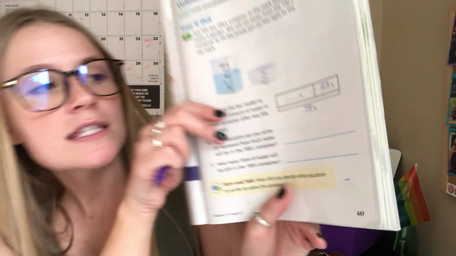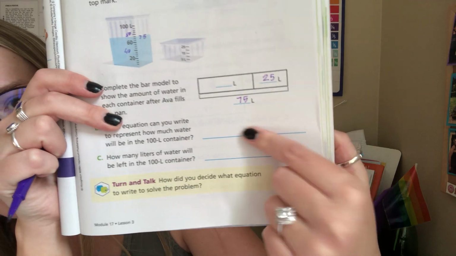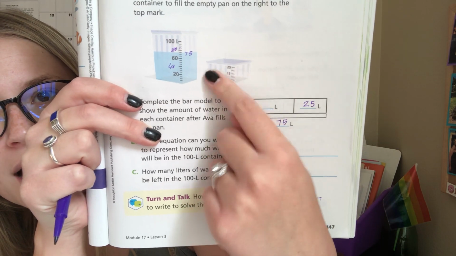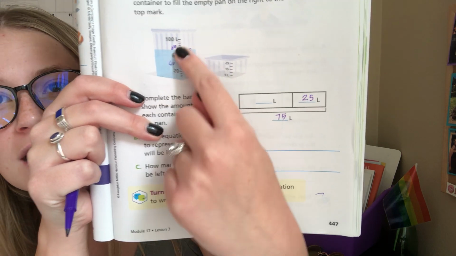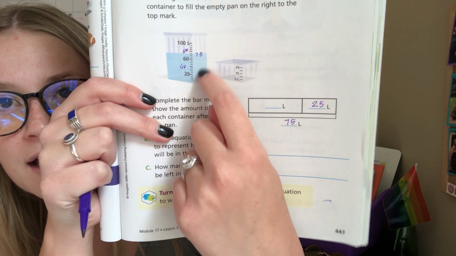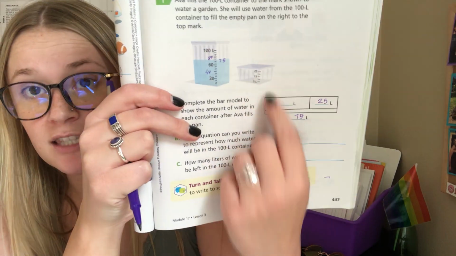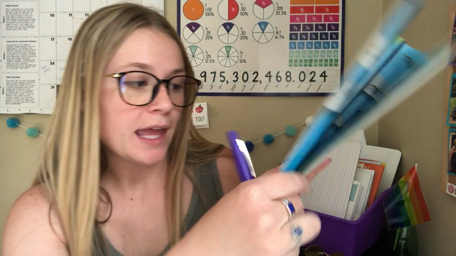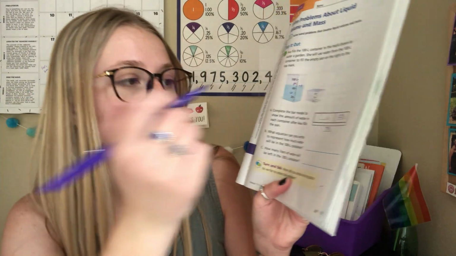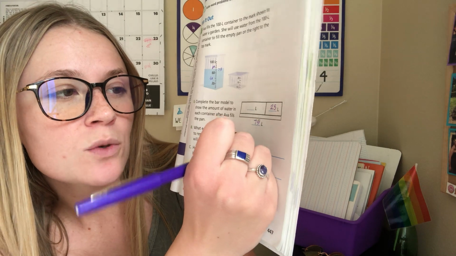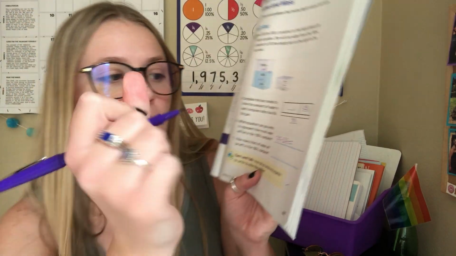So since this is our bar model, this is our total, this is what's going to be filled in this small container. How much is going to be left in this container after I pour 25 liters into the small one? Well, that would be a subtraction problem, and so I would do 75 minus 25 equals.